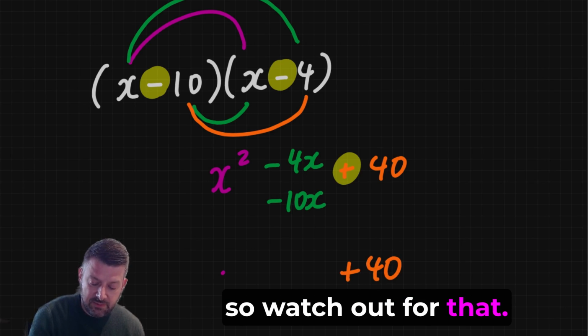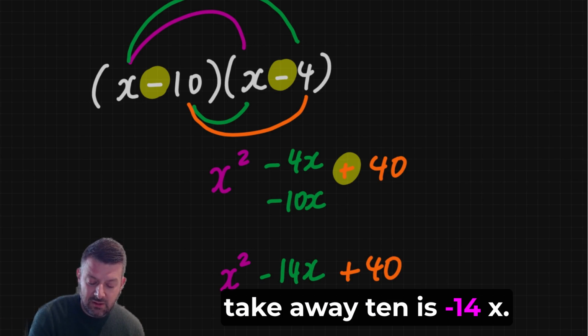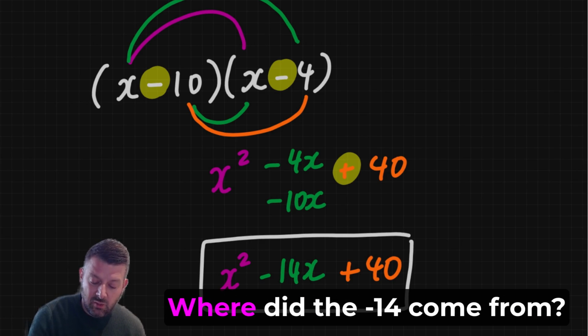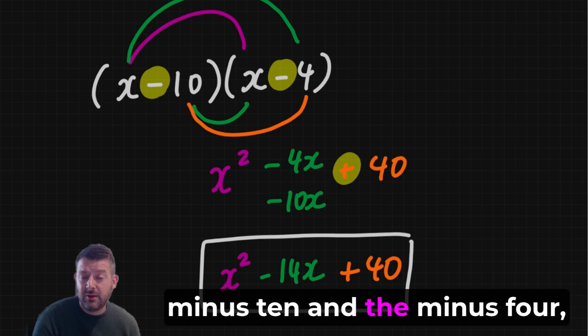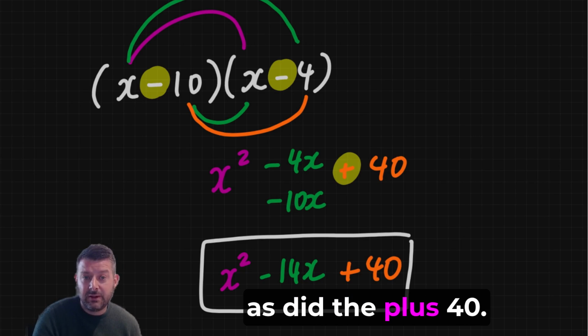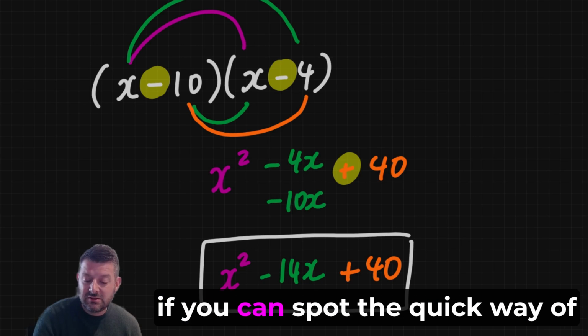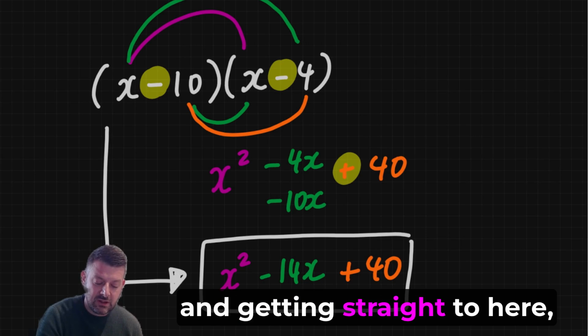So watch out for that. So when we collect up the like terms, minus 4 take away 10 is minus 14x. So that's that expanded. Where did the minus 14 come from? Well, it had something to do with the minus 10 and the minus 4, as did the plus 40. That had something to do with the minus 10 and the minus 4. So again, if you can spot the quick way of just skipping this middle bit and getting straight to here, it'll help you.